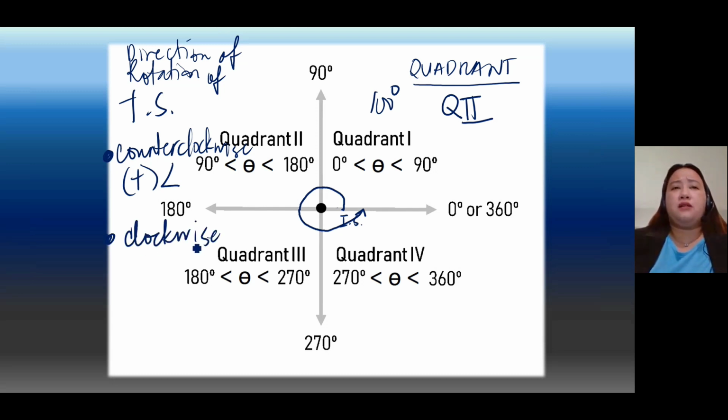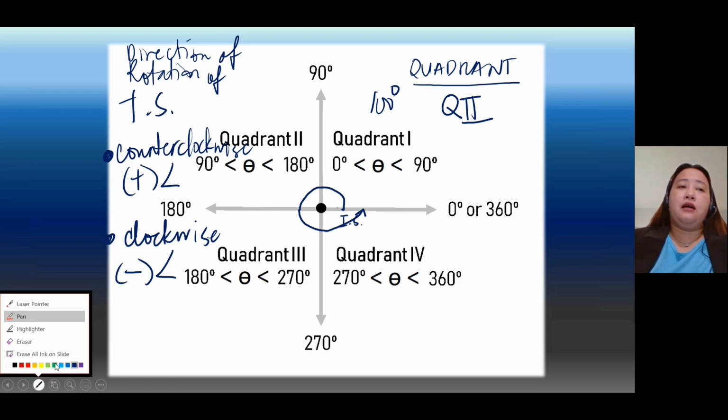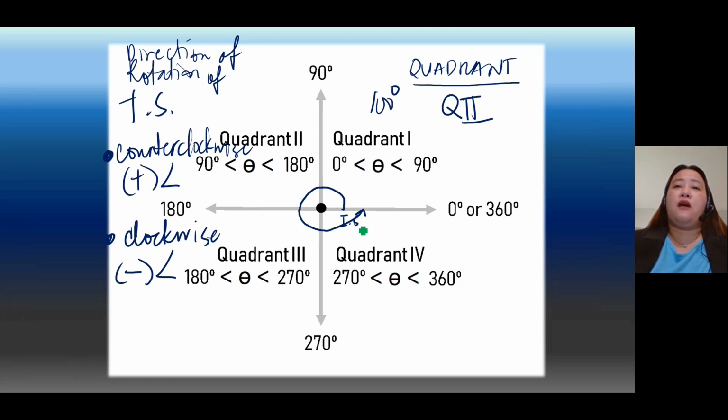We also have another direction, which is clockwise. If the rotation of the terminal side is clockwise, it means that we have a negative angle. For the negative angle, we have the initial side in this portion, so the beginning or starting point would be here. And then the terminal side rotates clockwise, like this one. So this now will be a negative angle, which is negative 90 degrees.